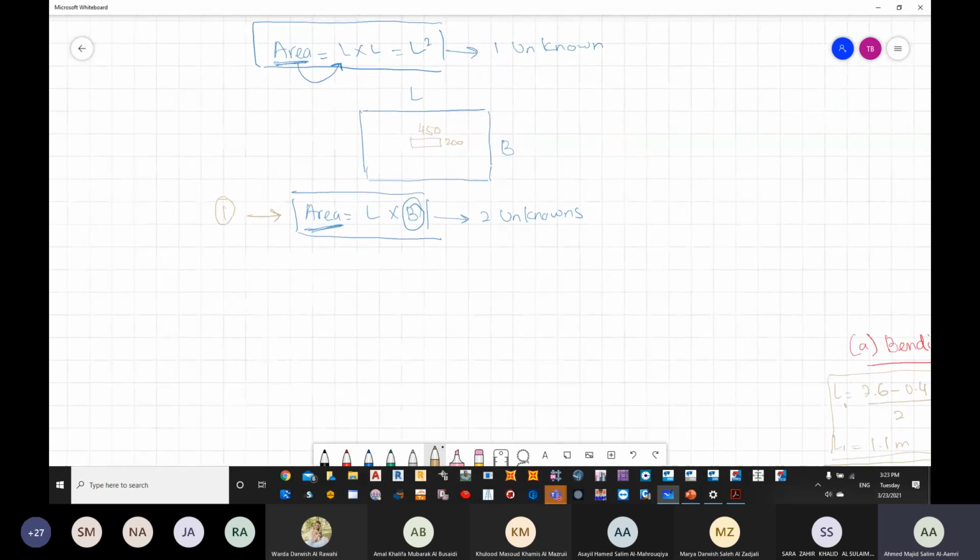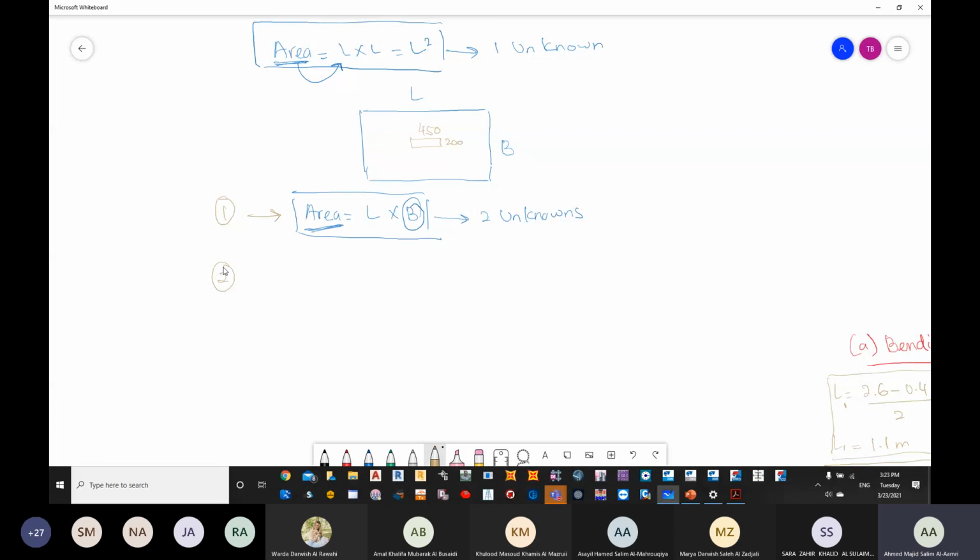Now in this scenario, you need to use another equation, which is the ratio. So we say longer side of column divided by shorter side of column equals the same ratio of the longer side of foundation to the shorter side of foundation.